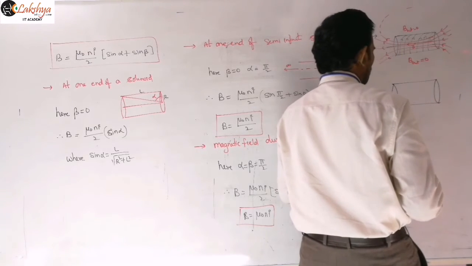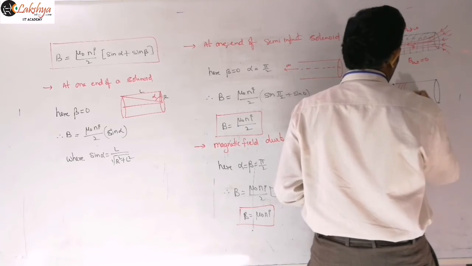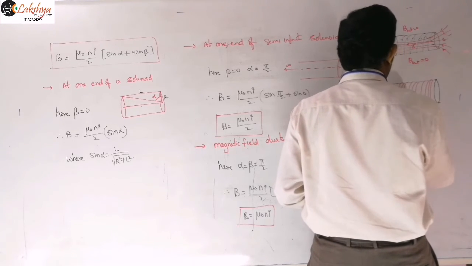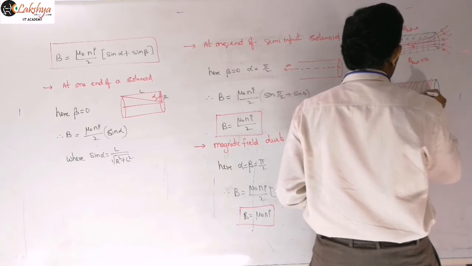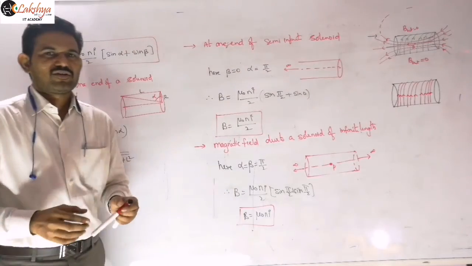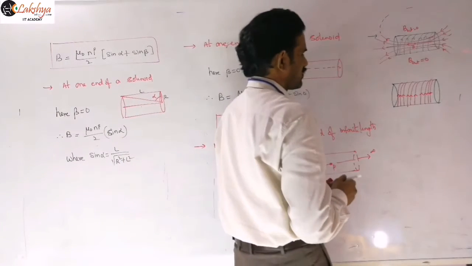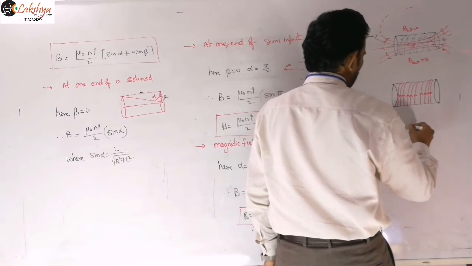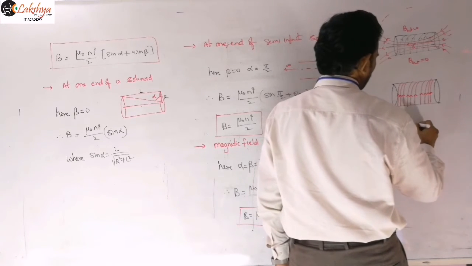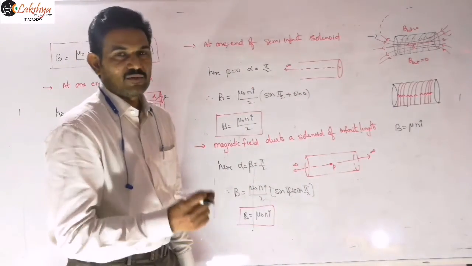So if a core is filled with a material of relative permeability mu, then the magnetic field inside the long solenoid is given by mu into Ni, where mu is the permeability of that medium.